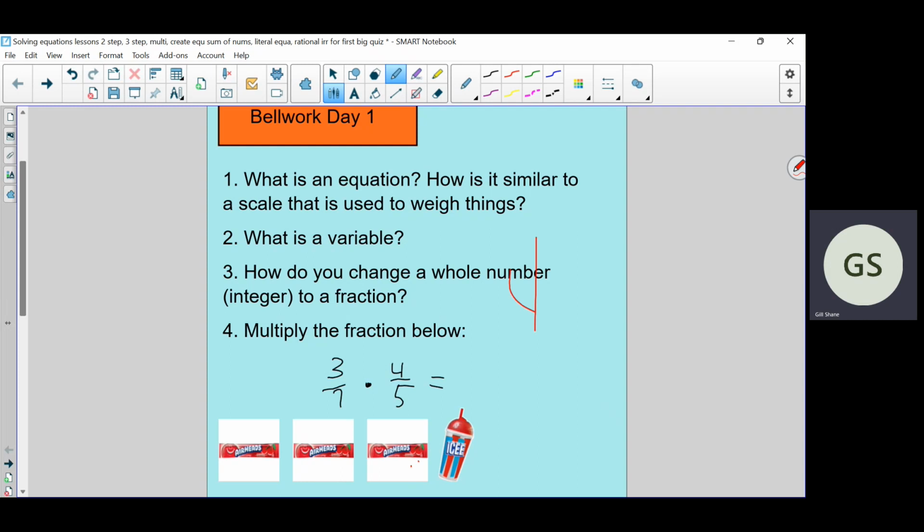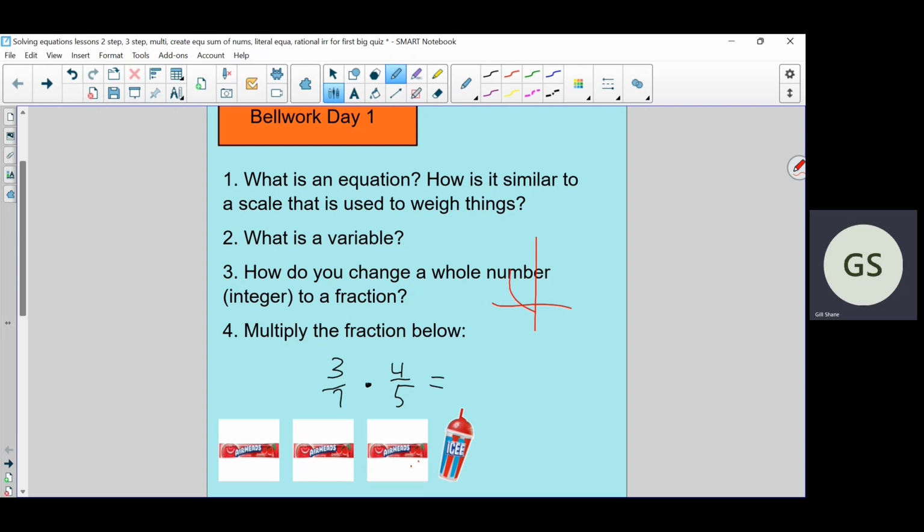It's going to be an actual number, but yeah, you do just make it look like a fraction, but there is a specific number you have to choose. What do you think, Jocelyn? What about one? Exactly right. Any number, I don't care what it is, any number. If you want to change it to a fraction, you do this.